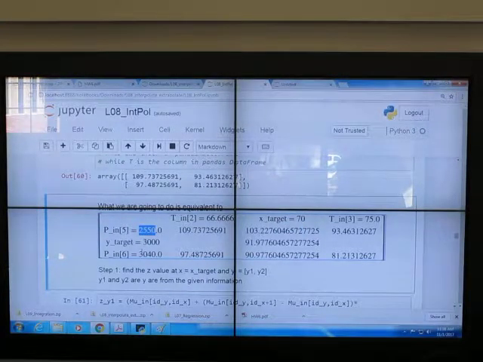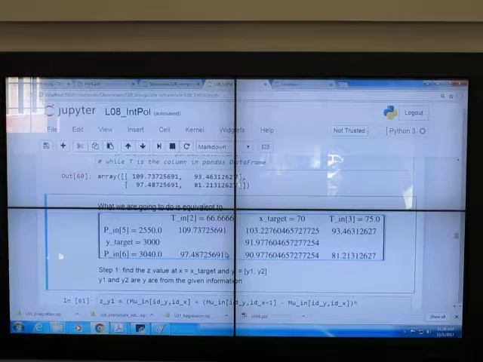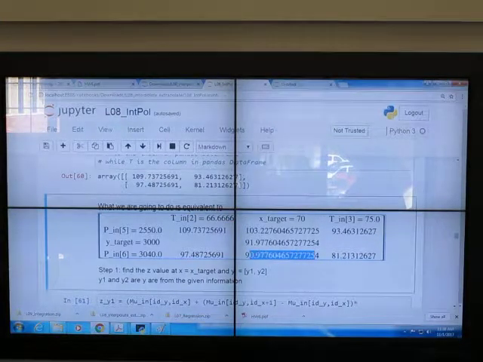Then I do the same thing to get viscosity at the temperature of interest, but at the upper bound pressure, which is given, 3040. I know that value. I do linear interpolation between that value 79.5 and 81.2 to get viscosity at 70 but at the upper bound pressure.